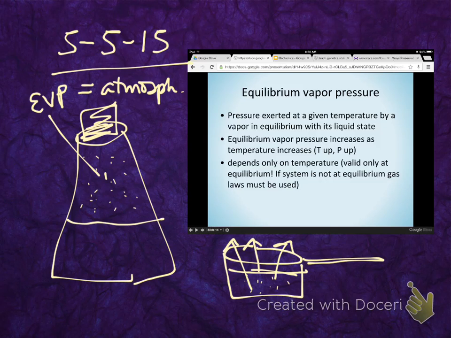So all of the particles in here are suddenly able to escape to vapor phase. What that means is that we can use a vapor pressure diagram to determine the boiling point of a liquid.